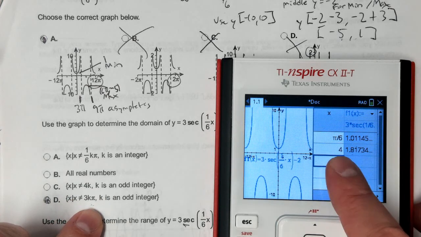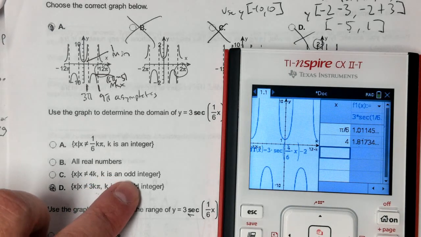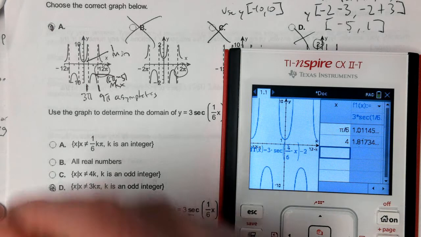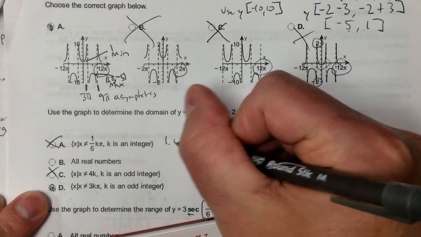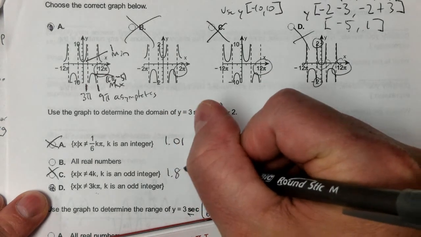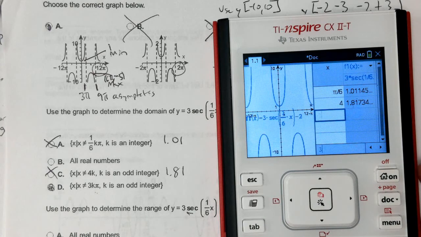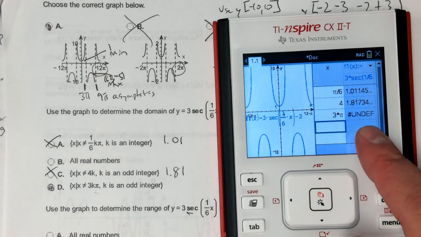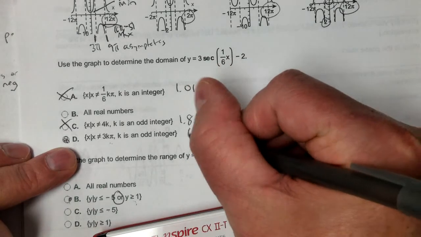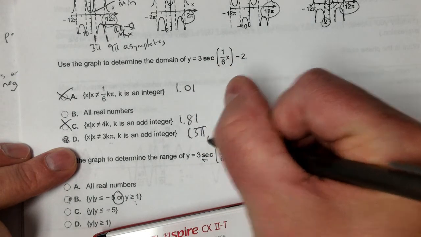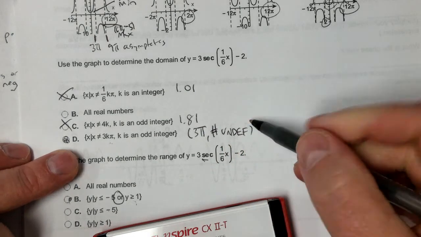Just 4 by itself? Yeah, because this one says 4k, and then k is an odd integer. So I know these have numbers. Like this one was 1.01, this was 1.81. But then when I go to 3 pi, hashtag undefined. Okay, so 3 pi is undefined. So that's going to be it.